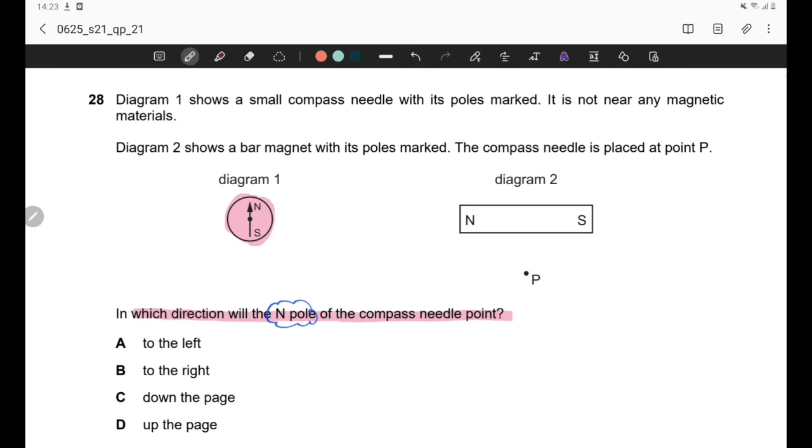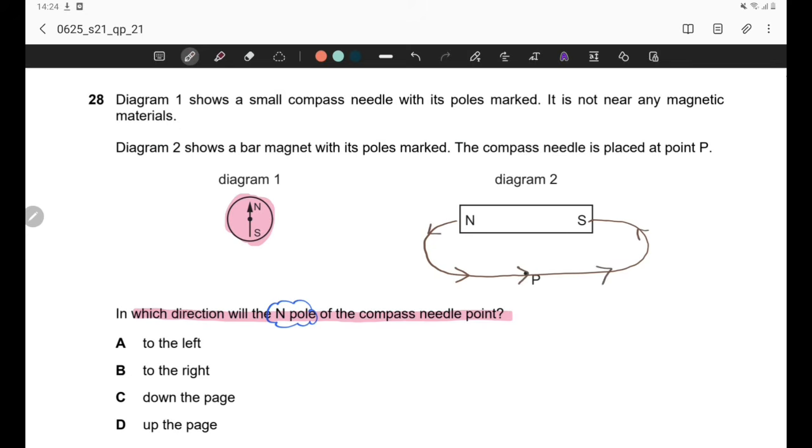In order to check that, we have to draw the magnetic field line of this bar magnet which passes through the point P. So it must be like this, and it will be directed from the north pole to the south pole. So this will be the direction.